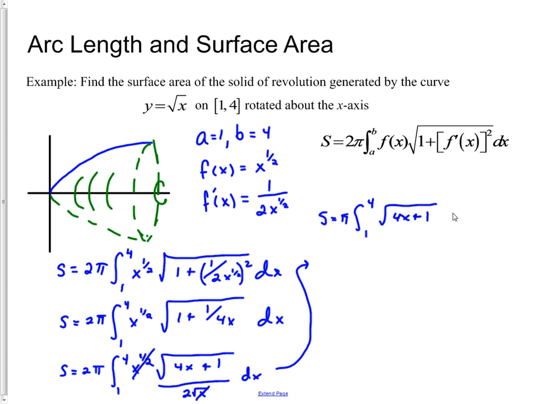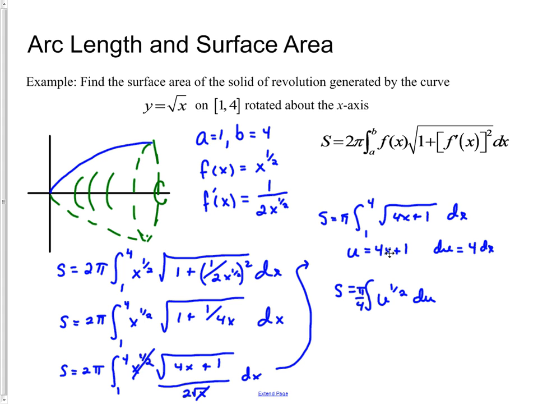All right, we recognize this as a simple substitution again. Let's replace u for 4x plus 1, so that du is equal to 4 dx. And making the replacements right here, we're going to get a surface area that will be an integral of pi over 4, because we're going to take 1/4 over in our du to get dx, u to the 1/2 du.